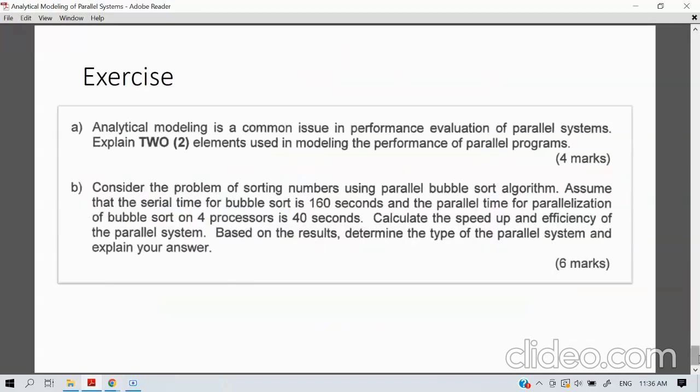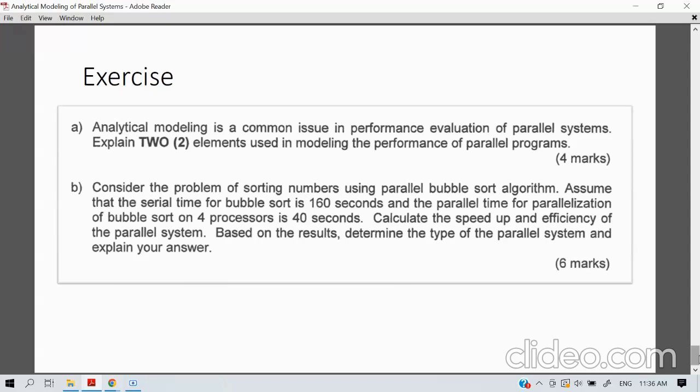So what is our TS, guys? And what is our TP? So you find TS and TP, then you need to divide.